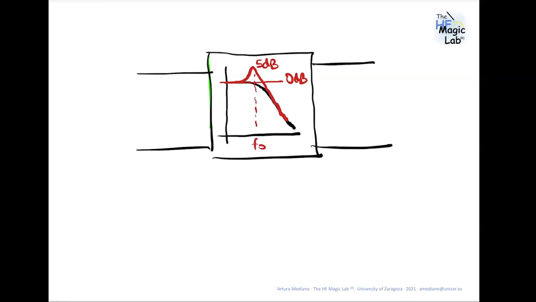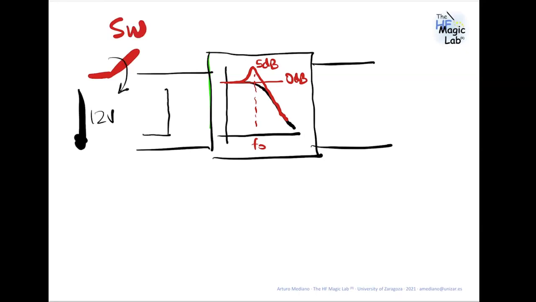So for example, if you have a system with a switch, when you have here, let's say, 12 volts, when you switch on, the voltage at the input of your system tries to go from 0 to 12 volts suddenly, okay? This is a step function.